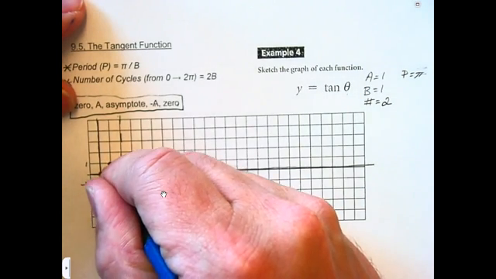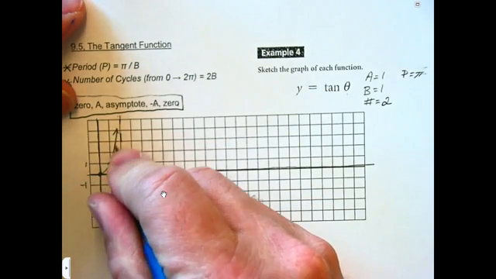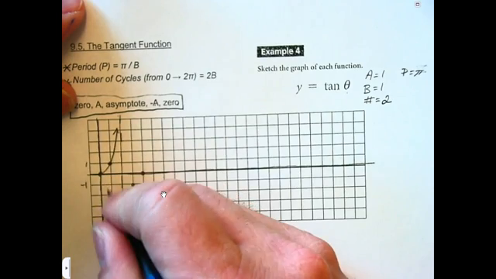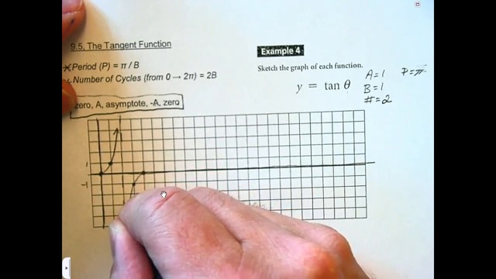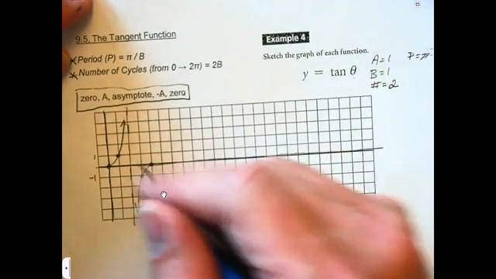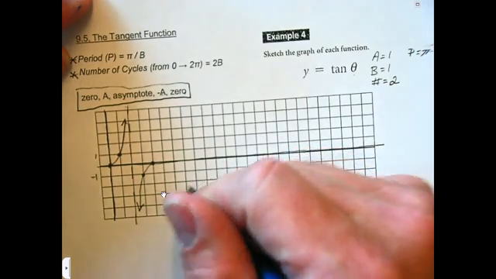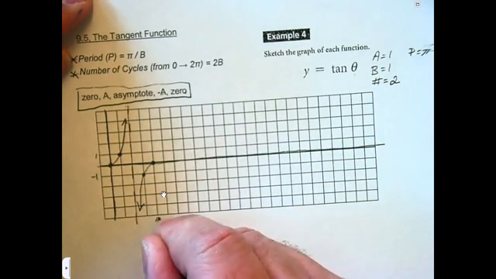From here, please make sure that it's curving outward, not inward. It'll almost feel like you're drawing half of a parabola, kind of. That length is pi.